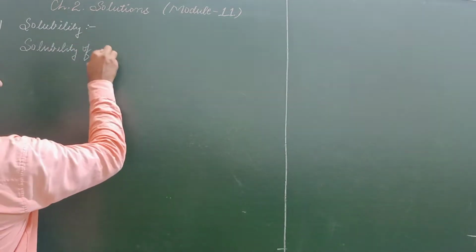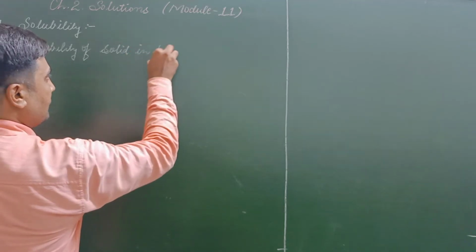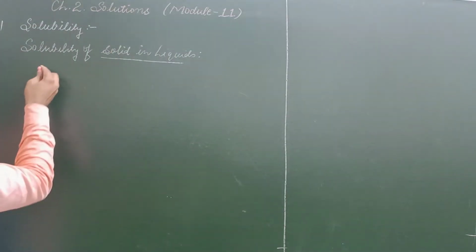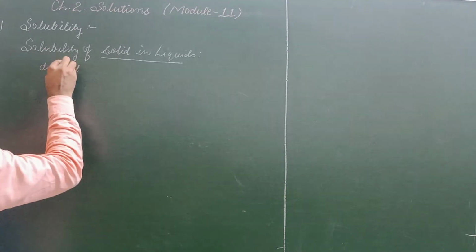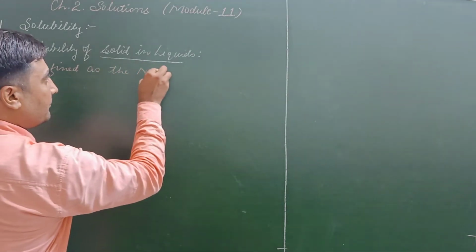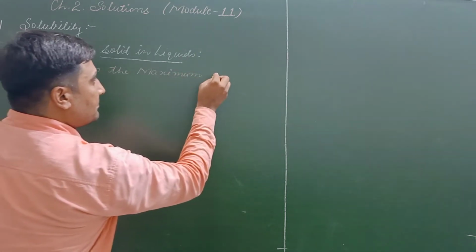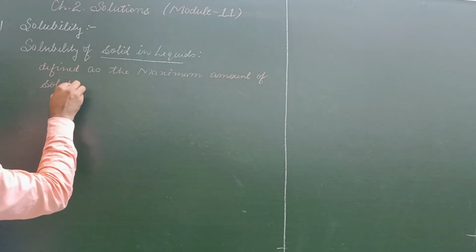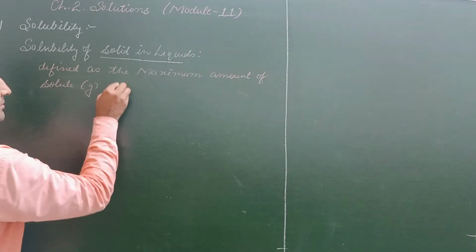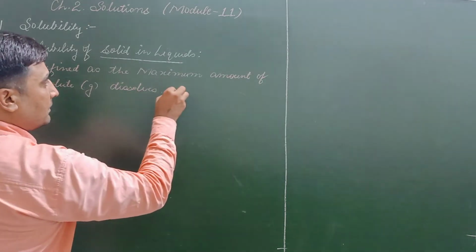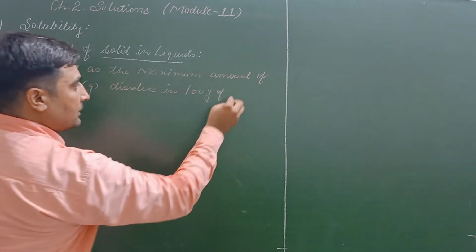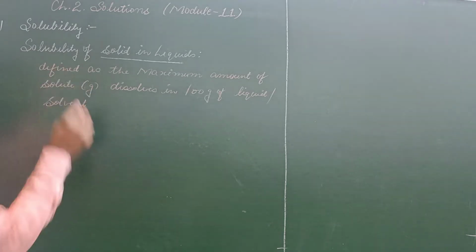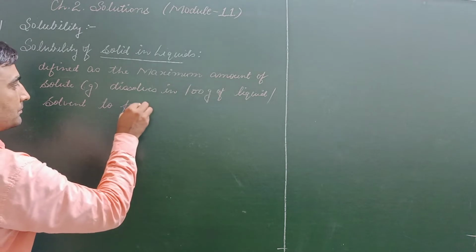Solubility of solids in liquids. So the term solubility is defined as the maximum amount or mass of the solute, taken in gram, that dissolves in 100 gram of liquid or solvent to form a saturated solution.